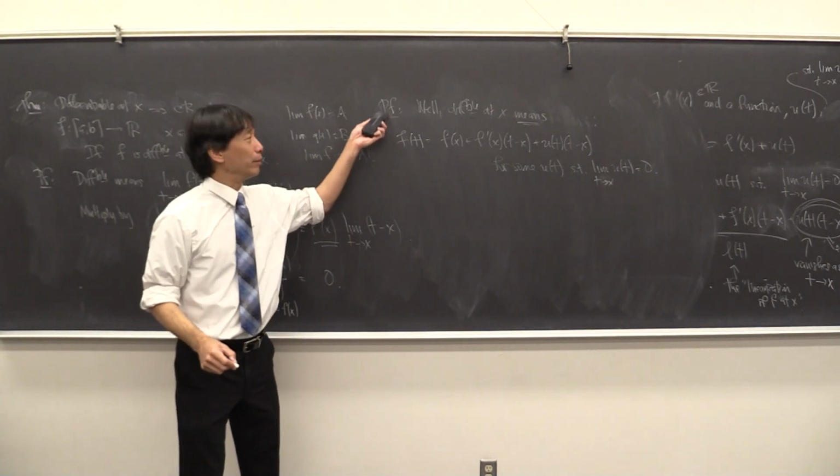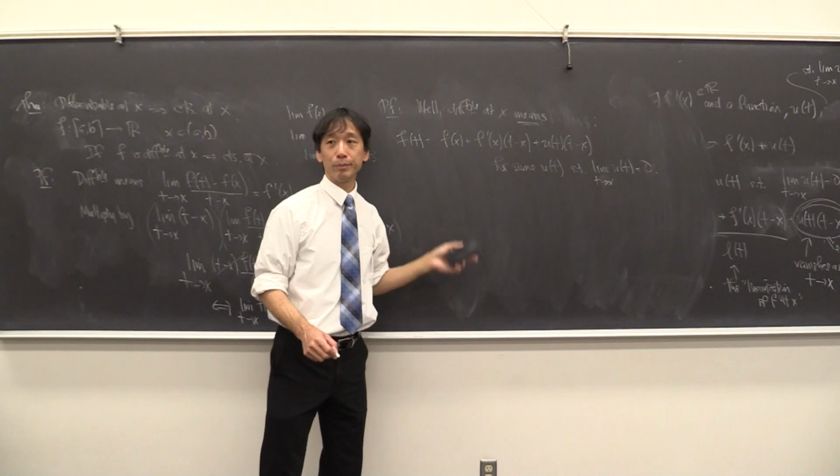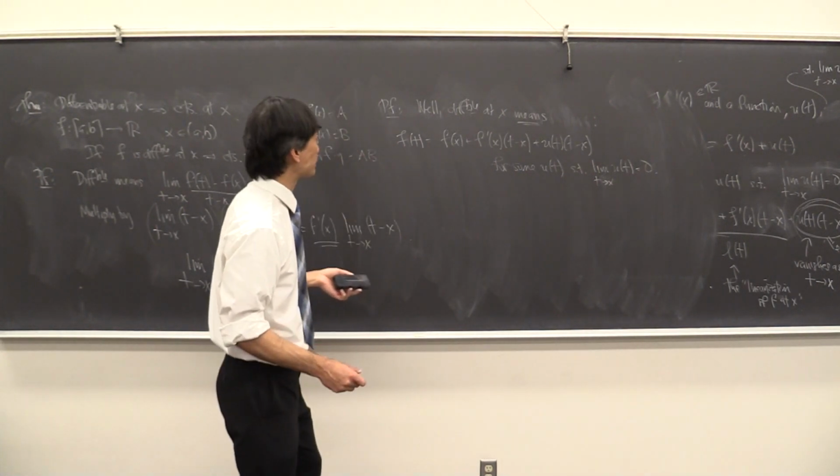So we just saw that. Differentiability means that you are a line plus some error that goes to 0, that strongly goes to 0.